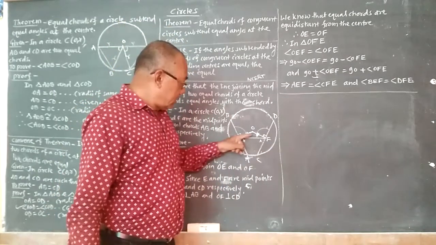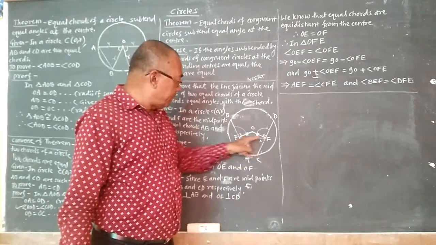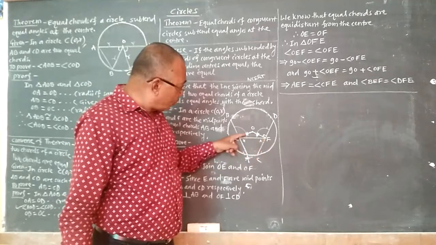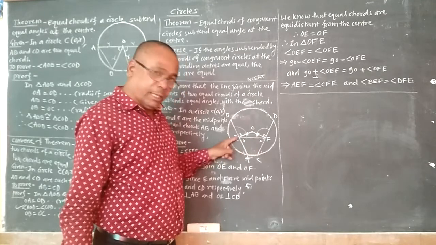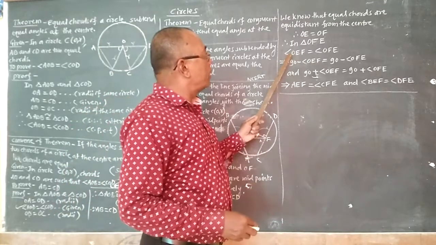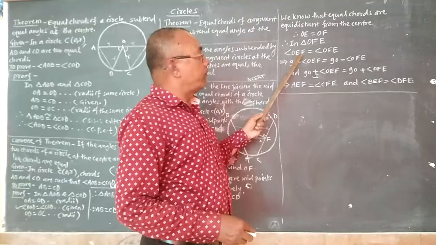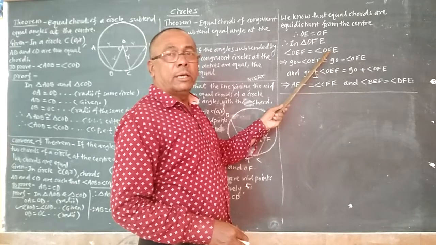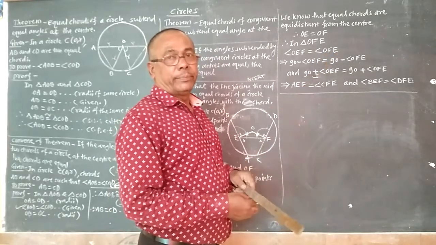The angle opposite to OF is OEF and the angle opposite to OE is OFE. Therefore these two angles are equal: angle OEF equals angle OFE.